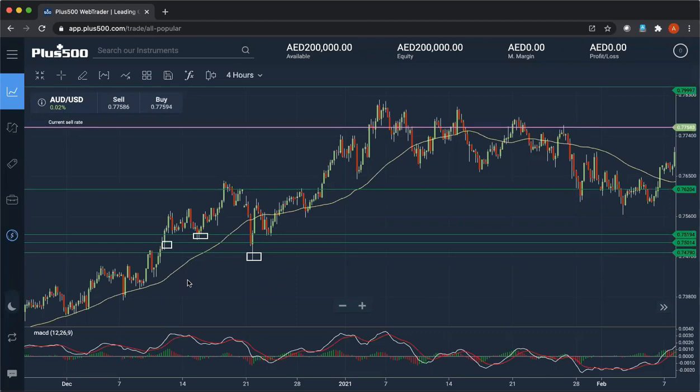Can you see the wicks? So when I go to the lower time frame, more interaction with the IPL can be visible in the chart. Can you see all these reactions to the IPL? Is it clear now?